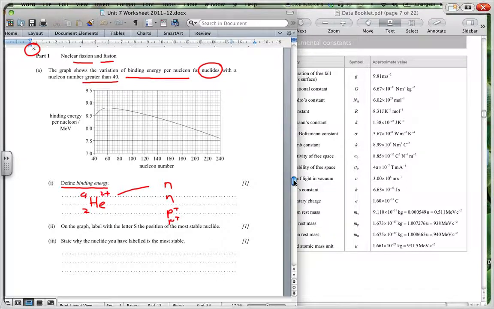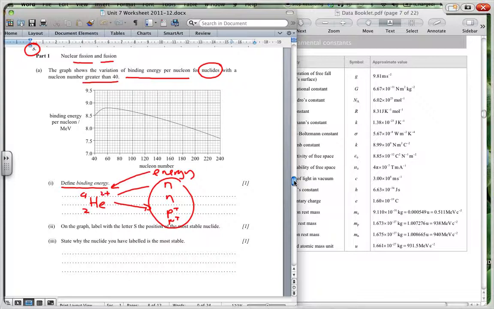The amount of energy I have to put in to do that is your binding energy. And obviously the greater the binding energy, the more difficult it is to separate their constituent parts. They are more stable.